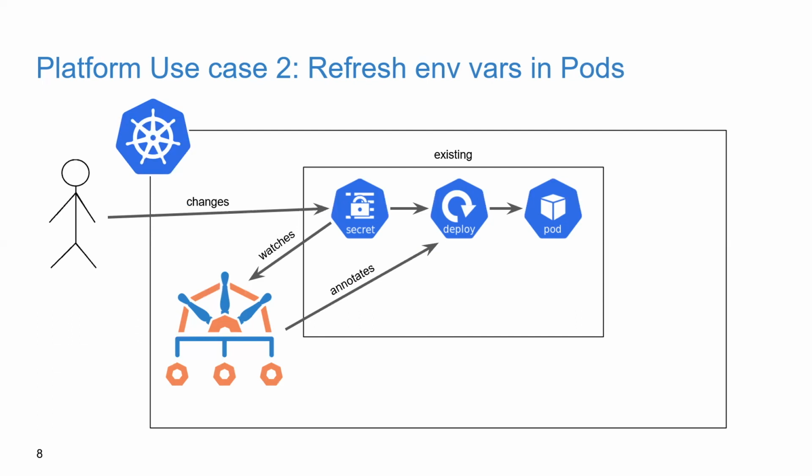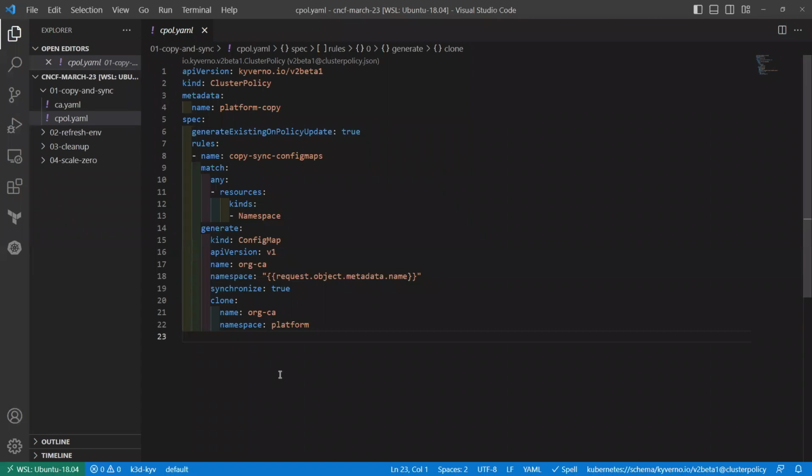And as a result of those new pods getting spawned, they will be able to pick up the changes that were made in the environment variable from the secret. And once the new pod is up and running, it's going to tear down the old pods. So the new pods with which we're left will have the new value from the modifications made to the secret. So let's flip over and show that.